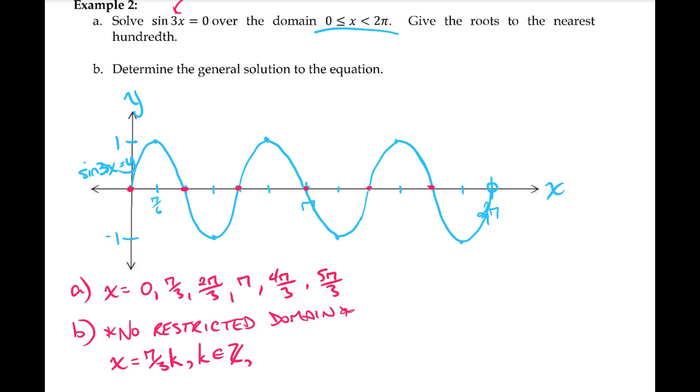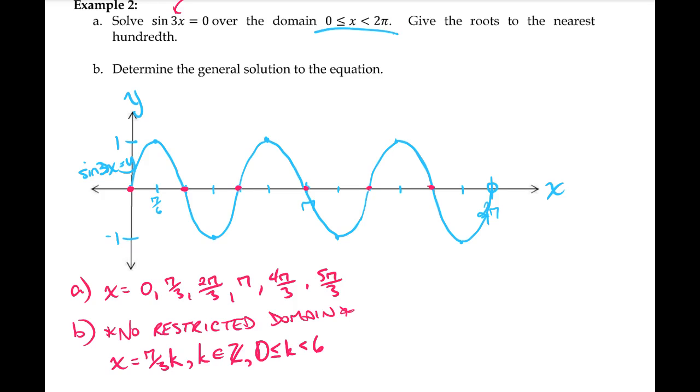If I wanted to still restrict my domain, I would just state exactly this. Or I could state the values for k. So k could be 0, 1, 2, 3, 4, or 5. So 0 less than or equal to k less than 6.